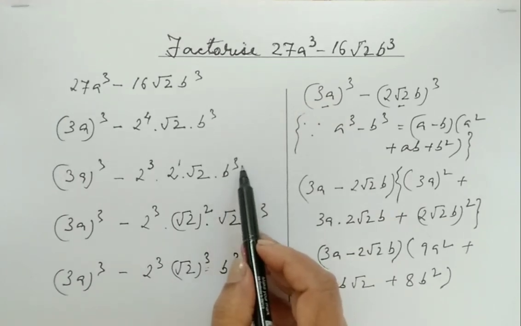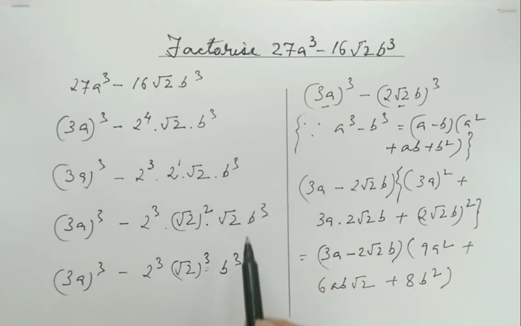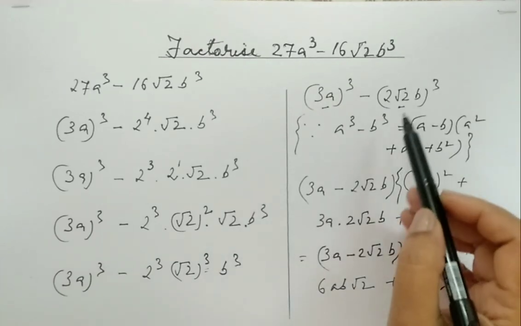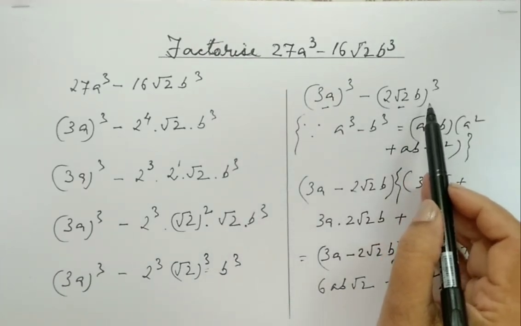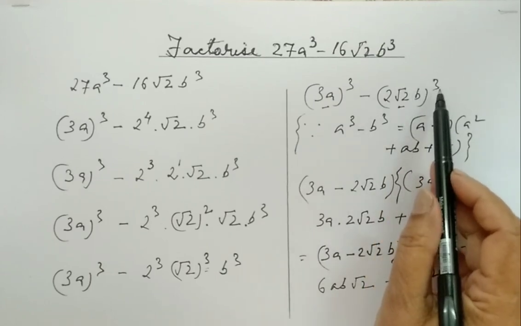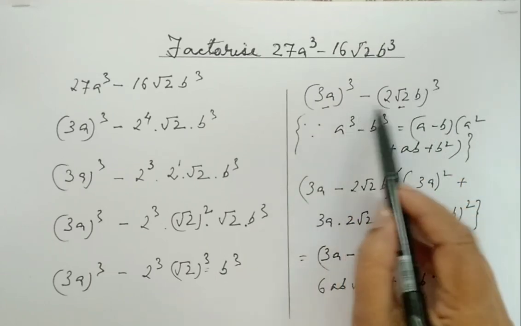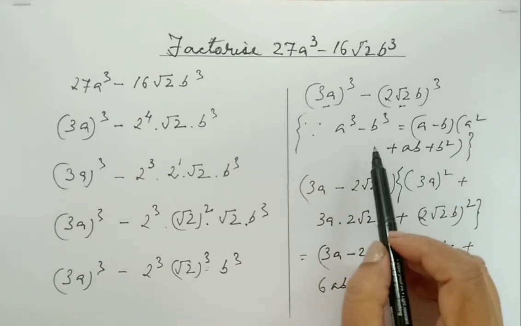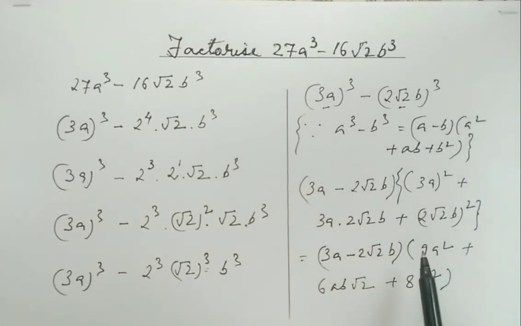B cube will be there just the way it has been there, so we do not much have to work on that. And then finally, having got all of them in cube, we try and club them or collectively write them as cube. And having done this, we have found our identity, which we can use to our own benefit.